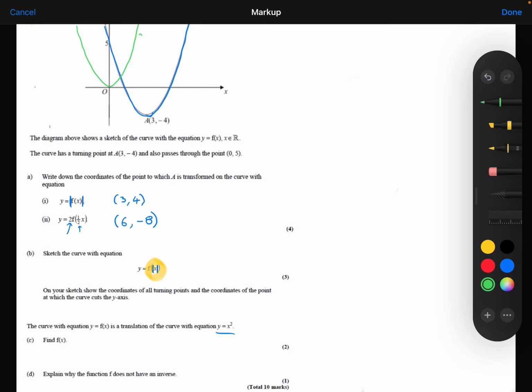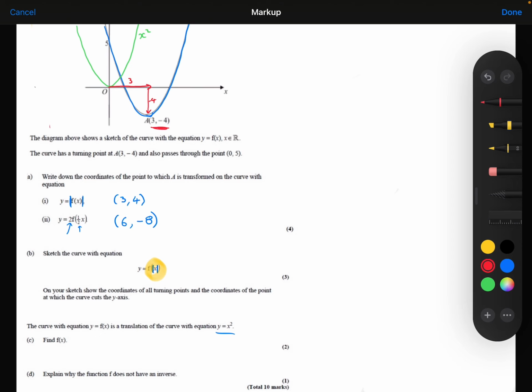So this is my x squared graph. Now we can see that this has been translated 3 squares in the positive x direction and 4 squares in the negative y direction. We know it's 3 and -4 because of the coordinate there.